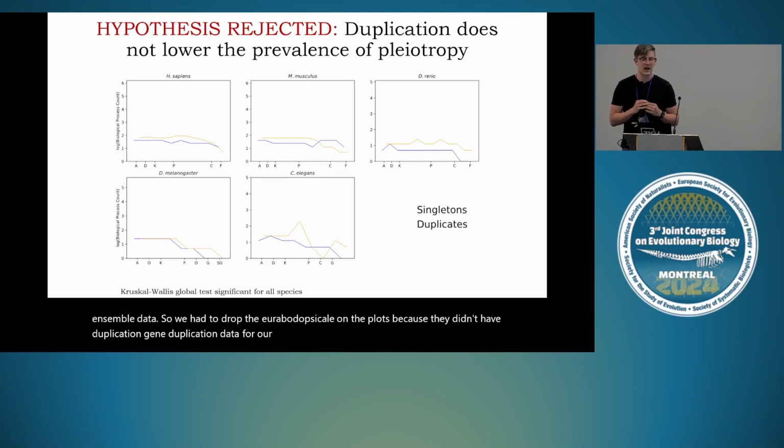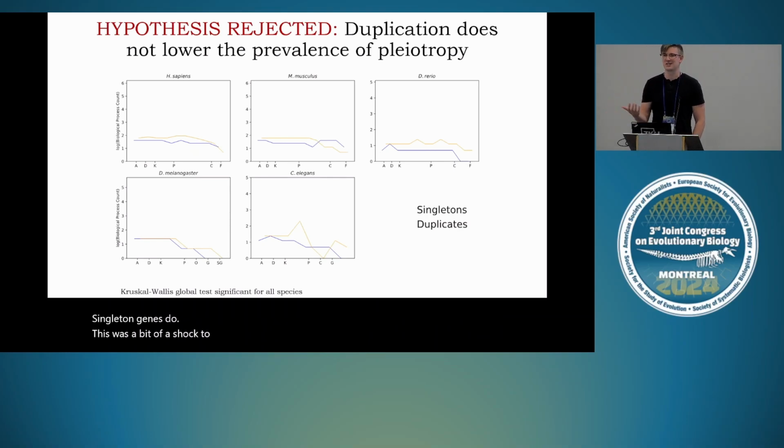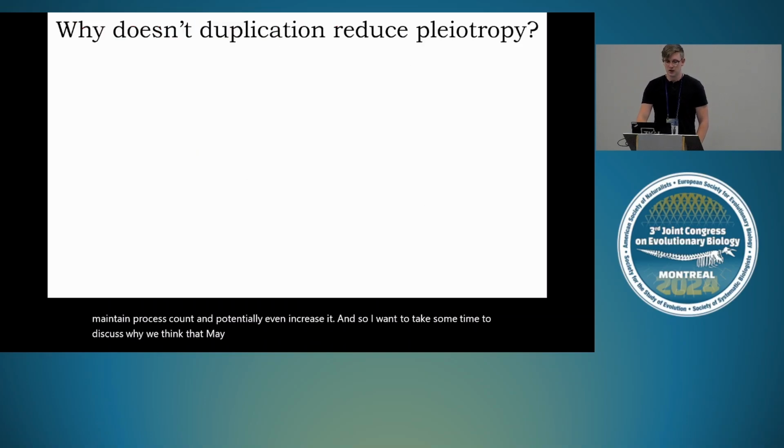What we found was actually that duplicated genes have more pleiotropic functions associated with them than singleton genes do. This was a bit of a shock to us because, like I said, we had this nice theoretical expectation that you would duplicate and then subfunctionalize, but it seems like at a minimum, you maintain process count and potentially even increase it. And so I want to take some time to discuss why we think that may be.